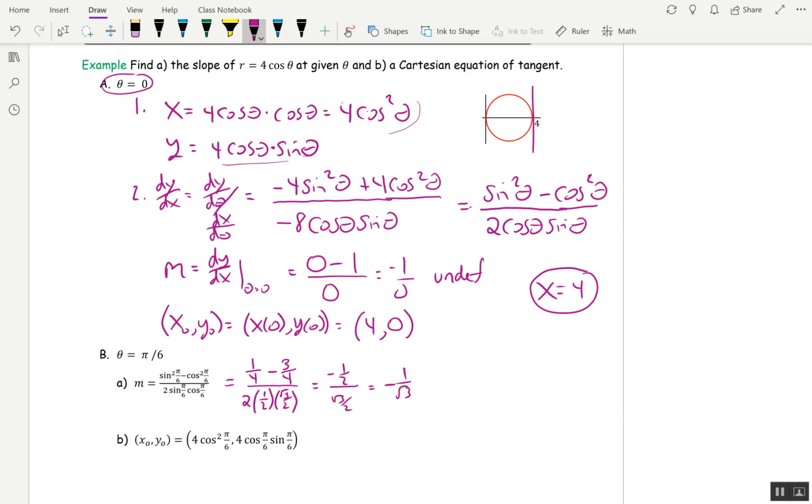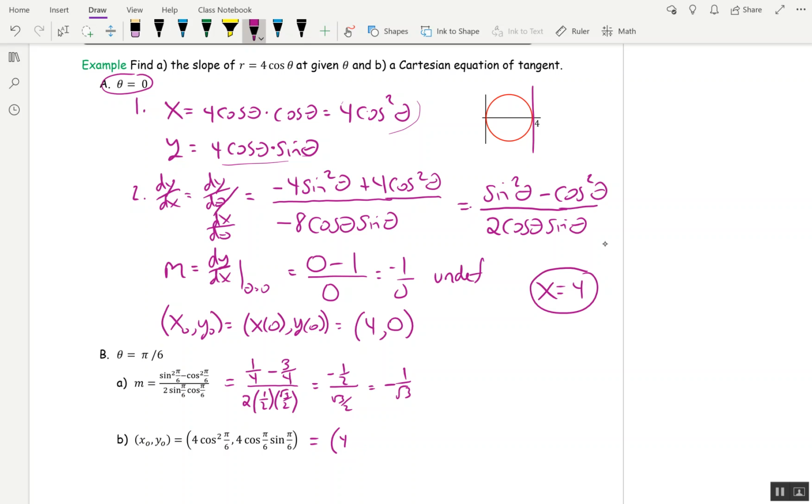My x naught, y naught, I take x and evaluate it at pi over 6, and y evaluate at pi over 6. That gives me, okay, cosine squared of pi over 6, that's root 3 over 2 squared, which would be root 3 over 4 times 4 is root 3. That's not right, is it? Because I squared, I'll go a little slower.